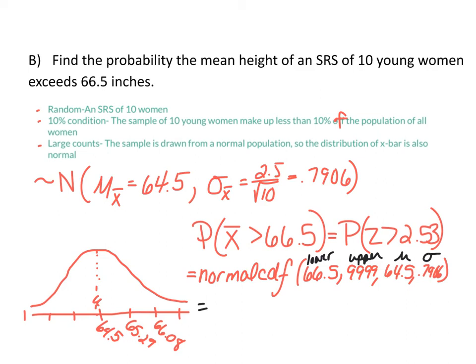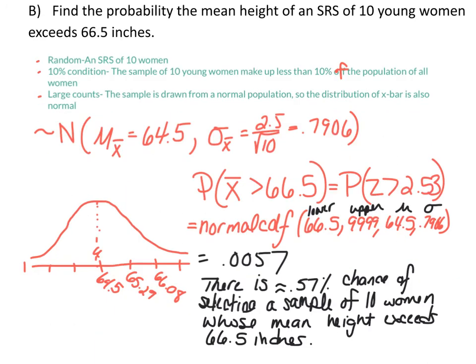And when I do that, I get 0.0057. So much smaller chance of this occurring. So there is approximately a 0.57% chance, so less than 1%, whereas before we had nearly a 21% chance of getting one woman from your population. But less than a 1% chance of selecting a sample of 10 women whose mean height exceeds 66.5 inches.